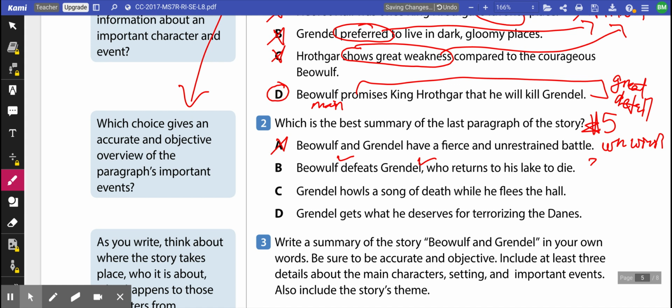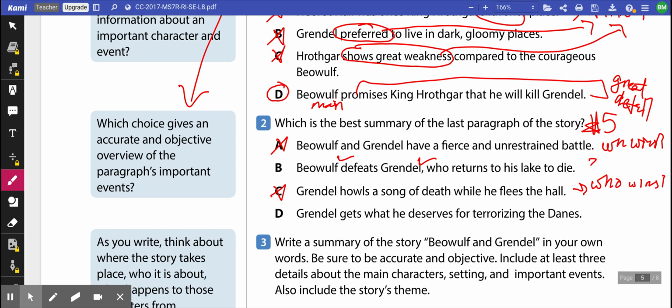I'm going to come back to that one because it doesn't have any objective or judgment statements either, and it's going in accurate chronological order. C says Grendel howls a song of death while he flees the hall. Well, that's true, but once again, it goes back to my previous point for A: does it actually tell me who wins? No, it doesn't. So it can't be my answer.